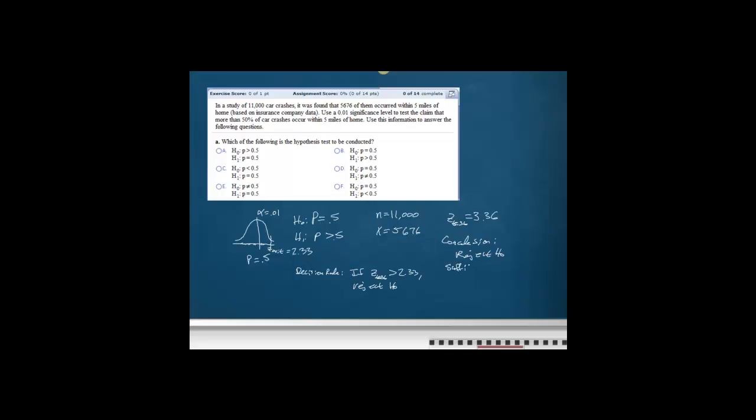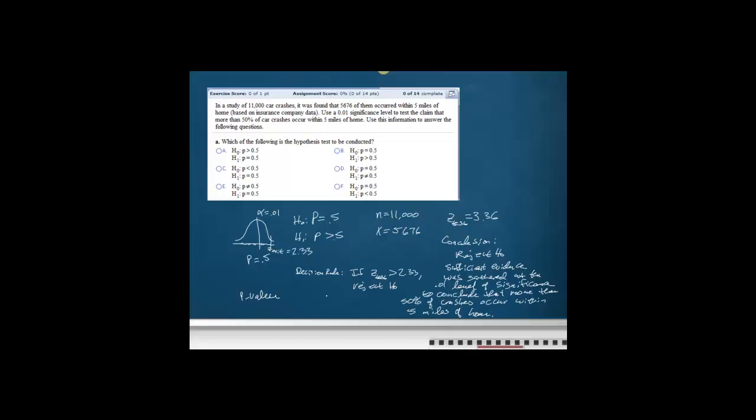And we would say something like: sufficient evidence was gathered at the 0.01 level of significance to conclude that more than 50% of crashes occur within 5 miles of home.